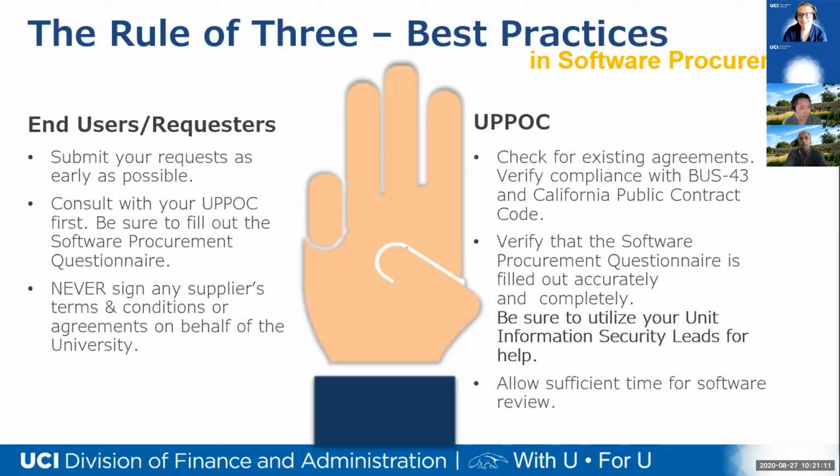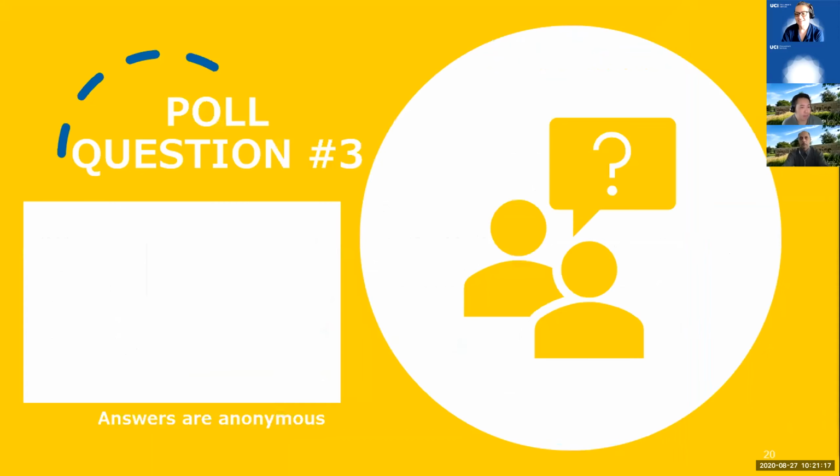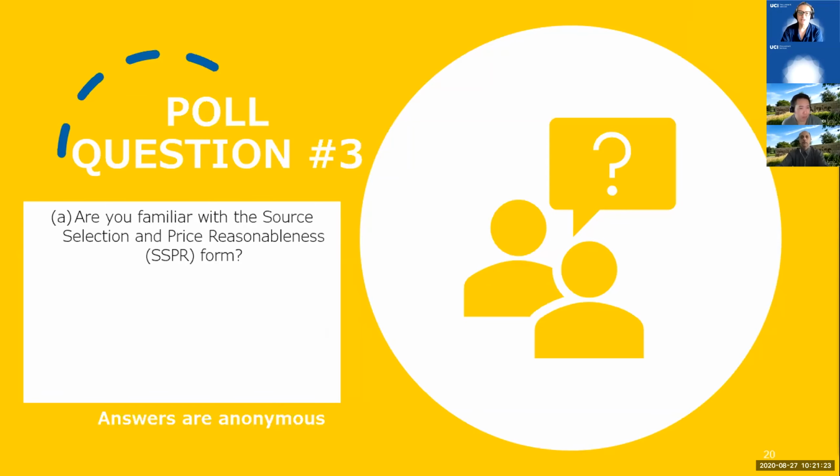Thank you, Patrick. And with that, we're moving on to our next poll question. So let me launch it here for you. First question is, are you familiar with the source selection and price reasonableness, the SSPR form? Next question, when does a purchase require completion of an SSPR form?